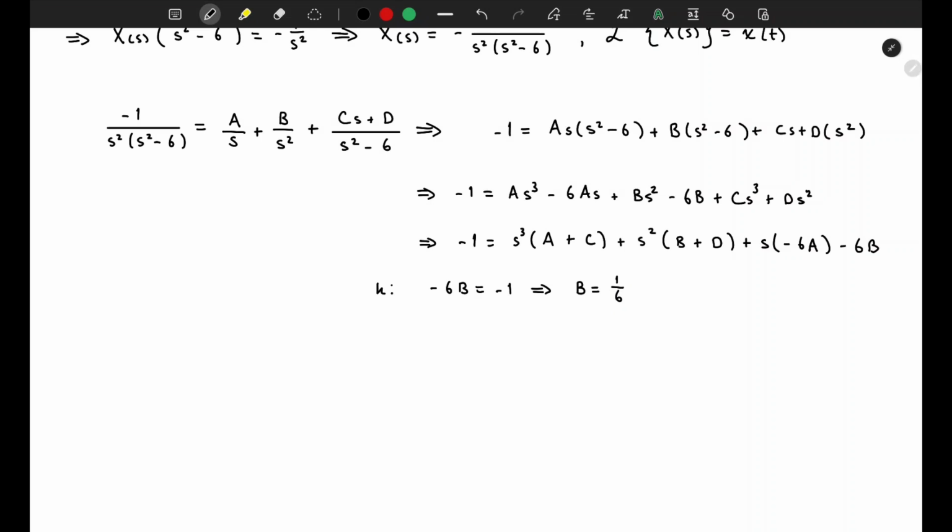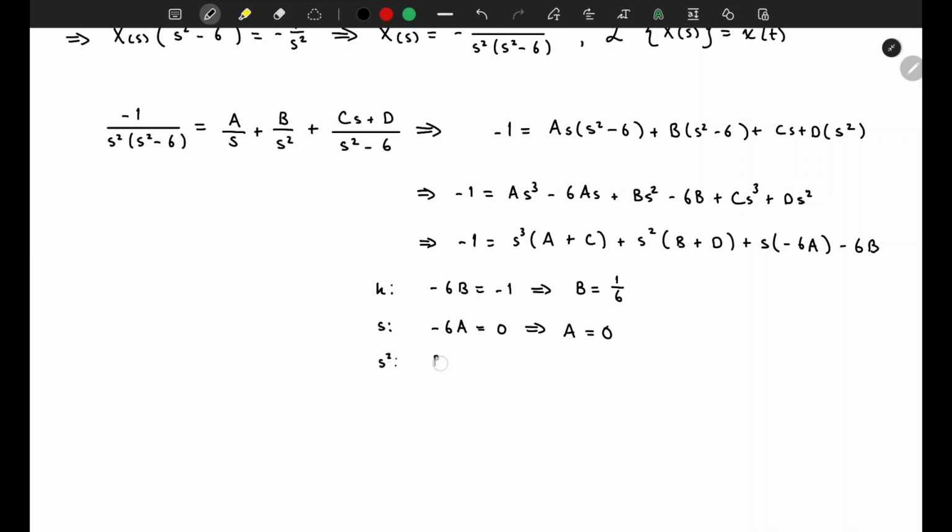Let's then move on to s. For s, we'll have negative 6a, and it's going to be equal to 0, which means a is equal to 0.